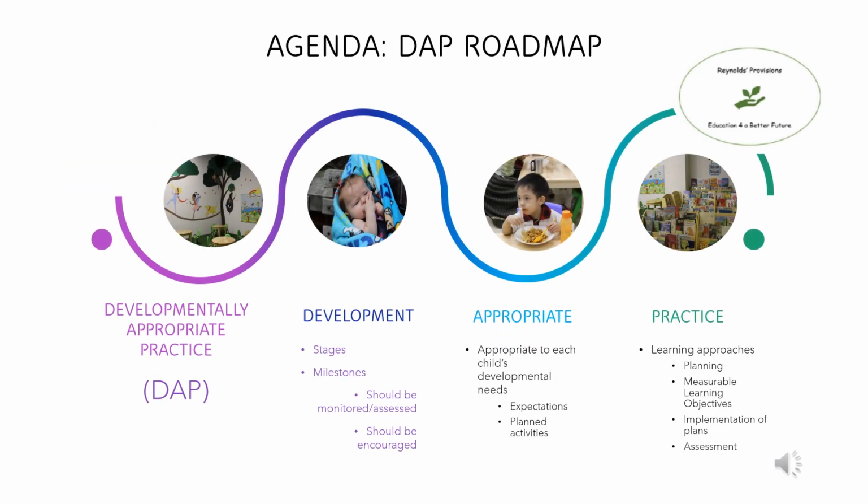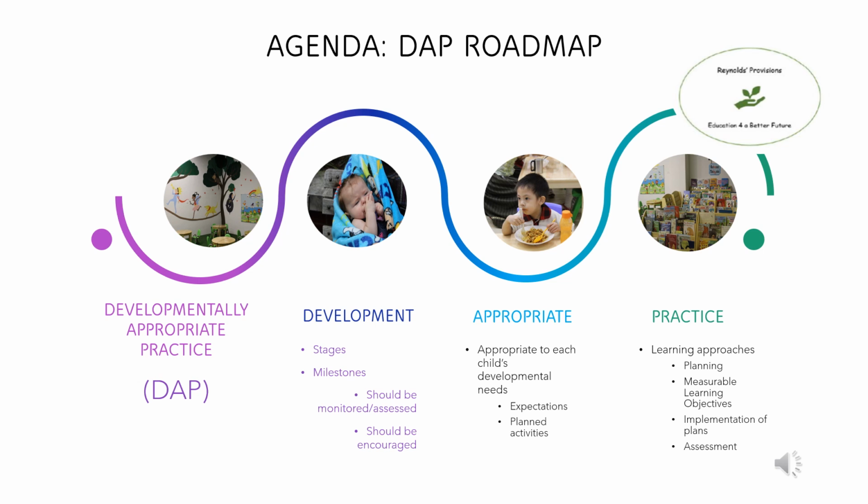Throughout this presentation, together we will discuss the definition of developmentally appropriate practice and how to apply it into our learning environments. Breaking the term developmentally appropriate practice into individual words, we can find the definition of the term as shown in this roadmap and further into the training.